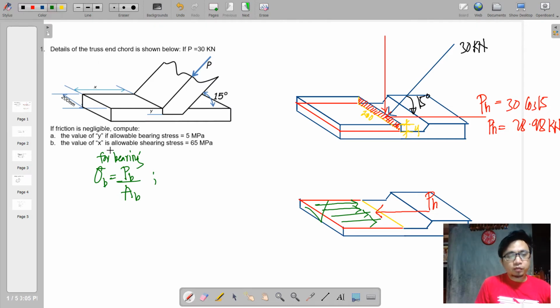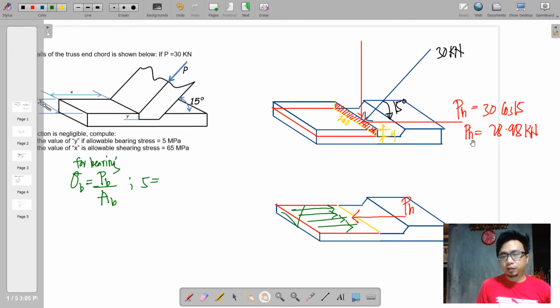The allowable for bearing you can see here is 5 megapascals, and PB, the bearing force, is actually the horizontal component also. So we have here 28.98, which should be multiplied by 1000 to make it in newtons.